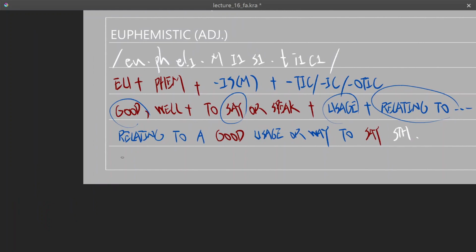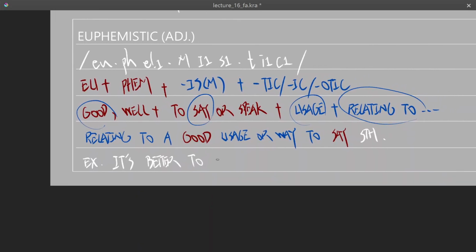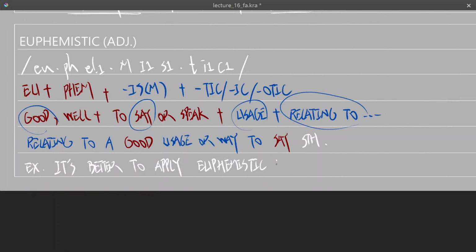So for example, let's say it's better to apply euphemistic language.